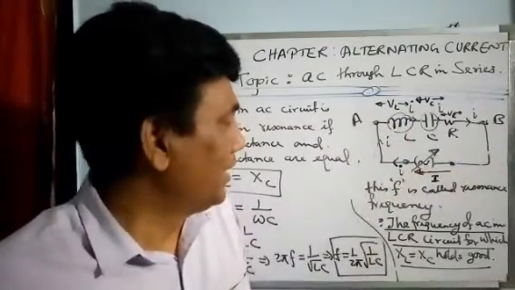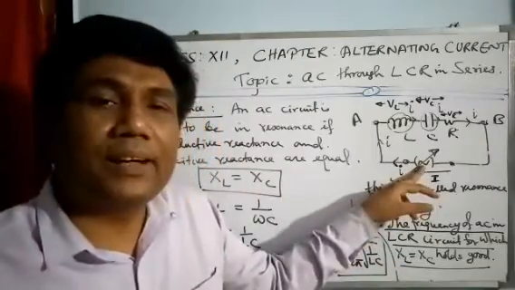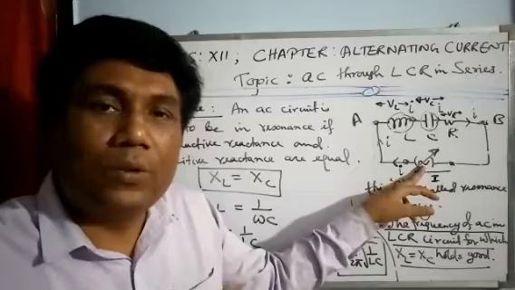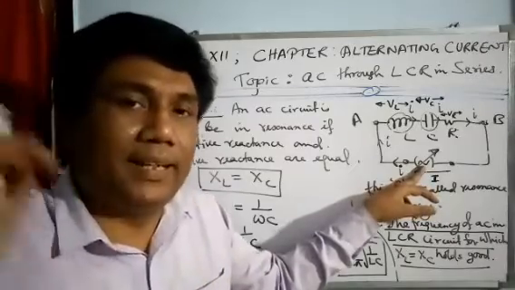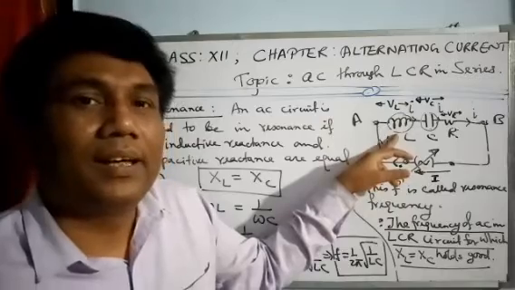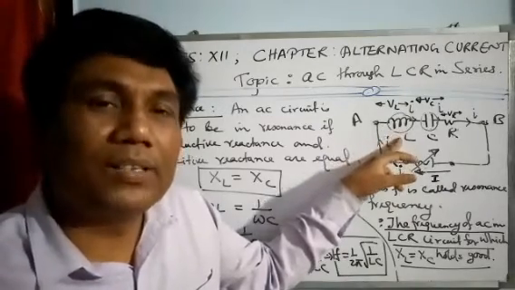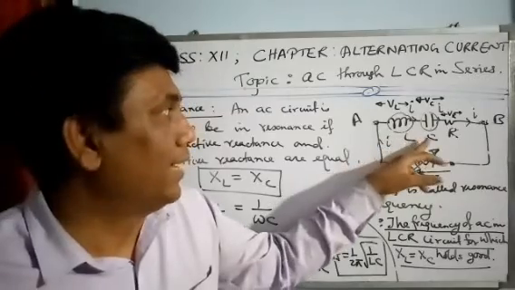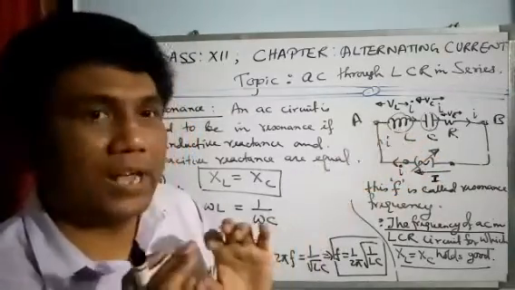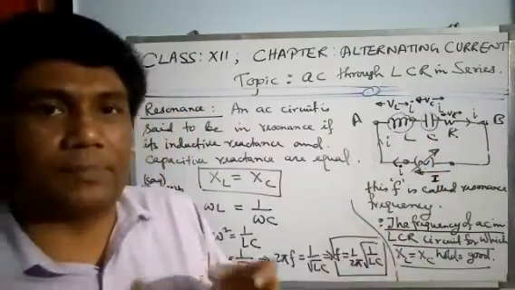Okay, come to my example. Once I increase the frequency of AC gradually, 1, 2, 3, 4, 5, 6, inductor offers more resistance, means inductor tries to oppose it and capacitor tries to accept it.